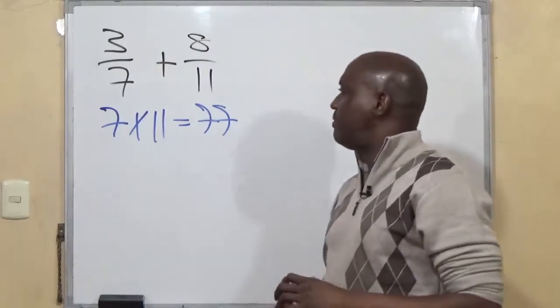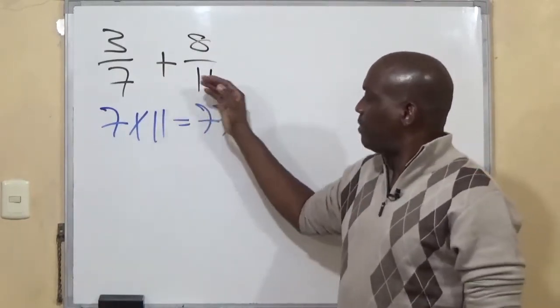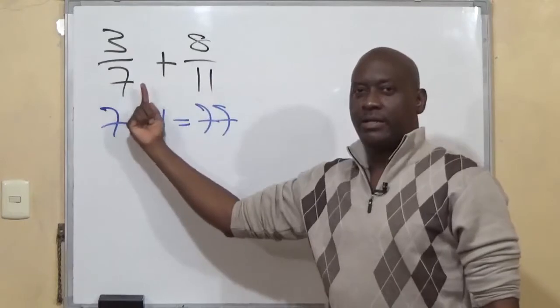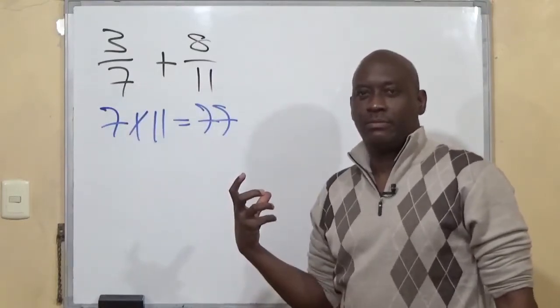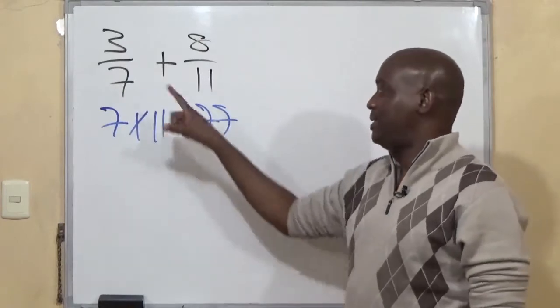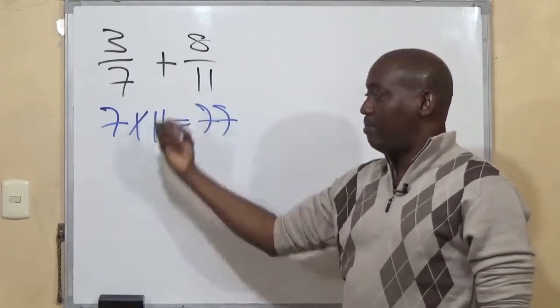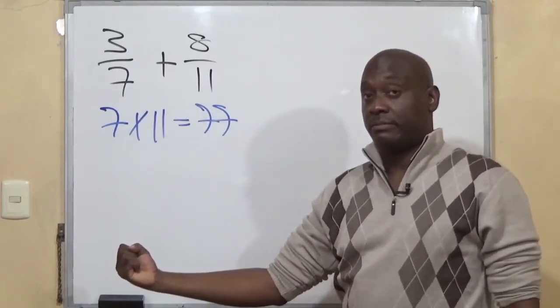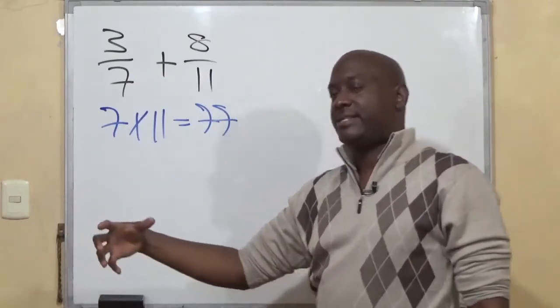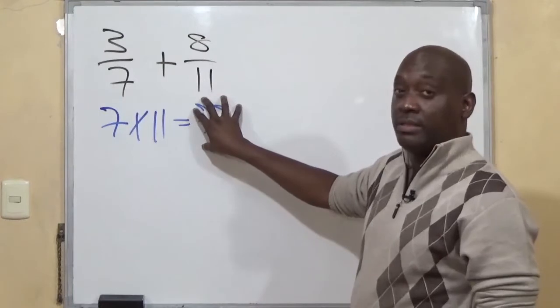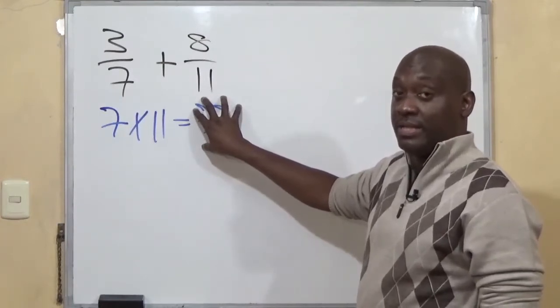In this case, however, because we don't have that direct multiplicative relationship between the 7 and the 11, we multiply them by each other to get a different kind of multiplicative relationship, this time involving a third party, the number 77, which is the LCM.